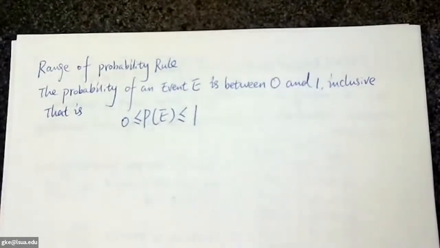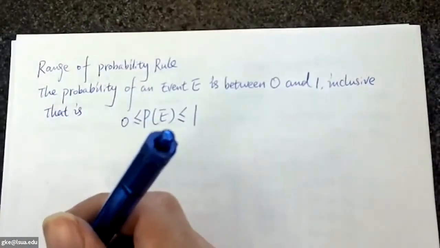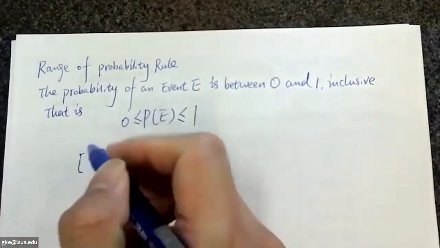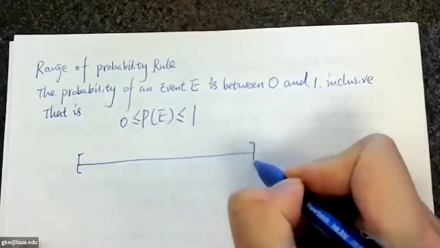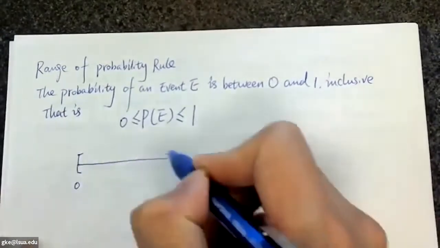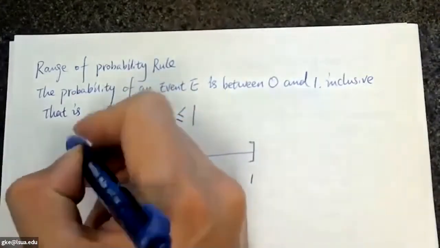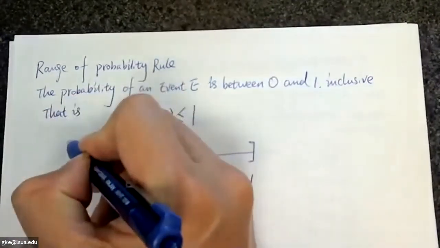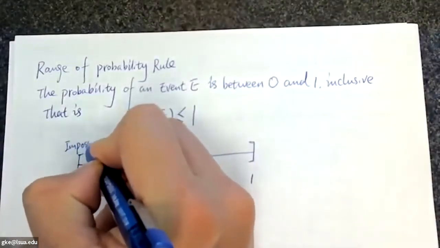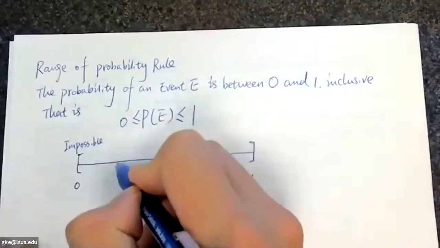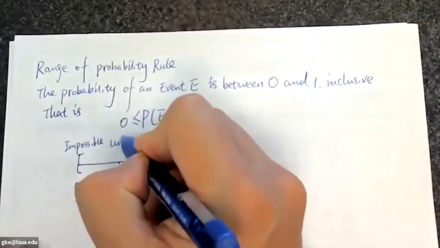So let's take a look. This picture is gonna help you guys to understand the application of probability. Zero and 1. If probability equals 0, that means impossible. If probability is 0.25, unlikely.